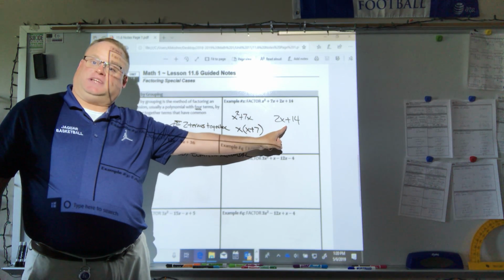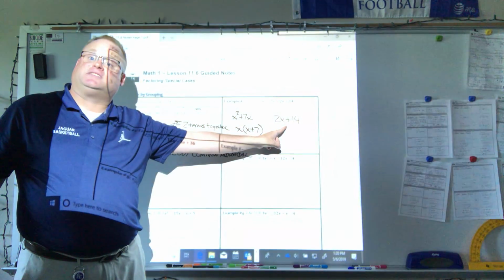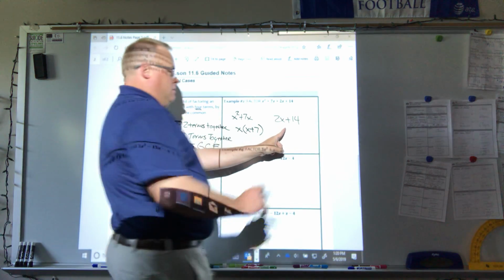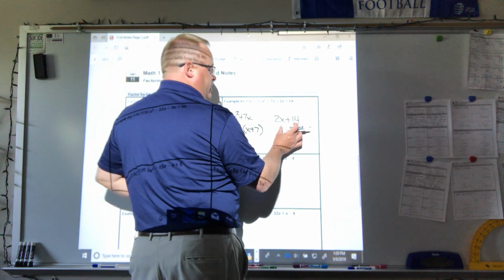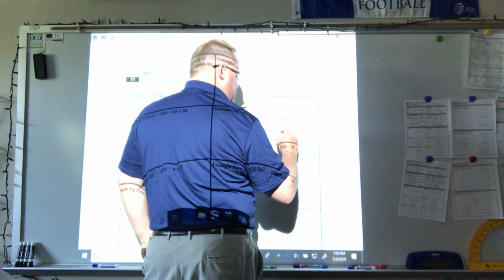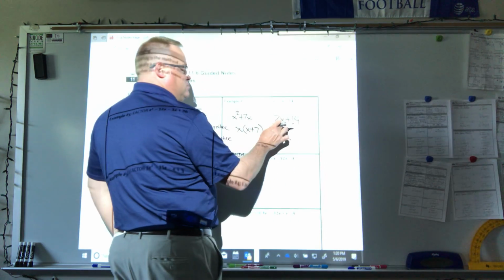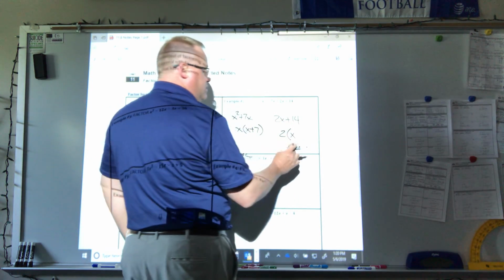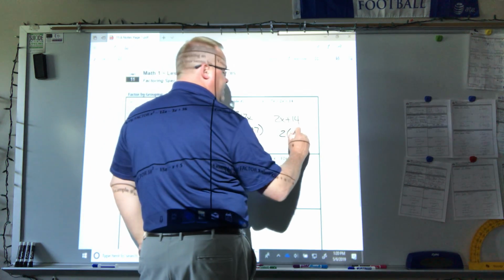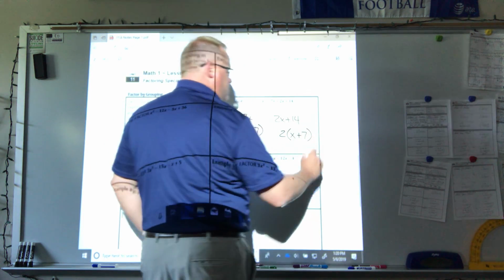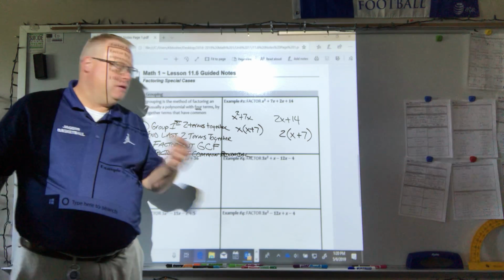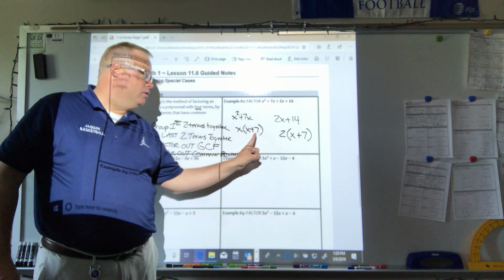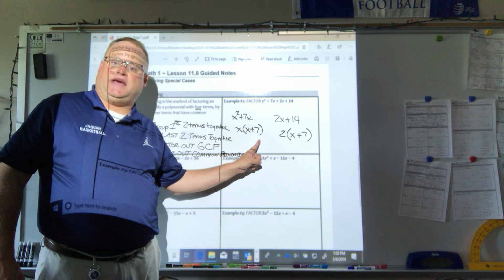That's the first step of step 2. Second part of step 2 is factor out a GCF of the second group. 2x plus 14. The only GCF between these is the number 2. If I factor out a 2 out of 2x, I get an x left. If I factor out 2 out of 14, I get a 7 left. Notice, each binomial is the same.